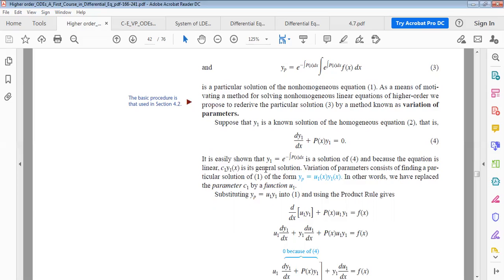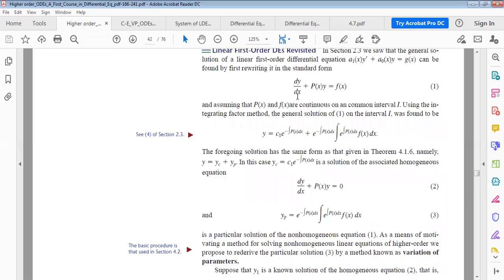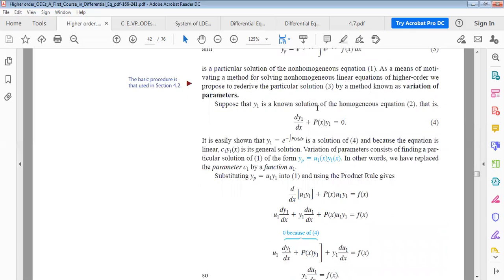The variation of parameters consists of finding a particular solution of equation 1. To find the particular solution, we must know about the solutions of a differential equation. There are three types: one is the singular solution, another is the particular solution, and the other is the general solution.